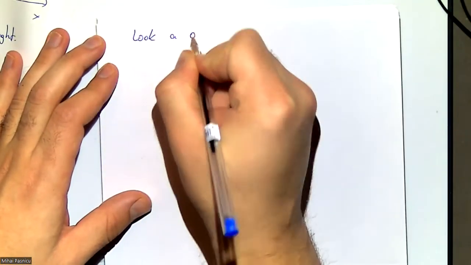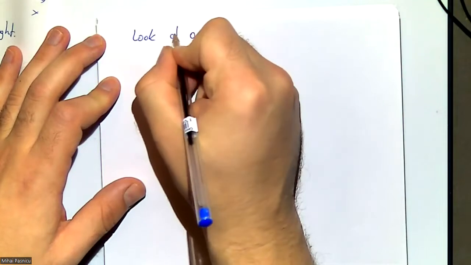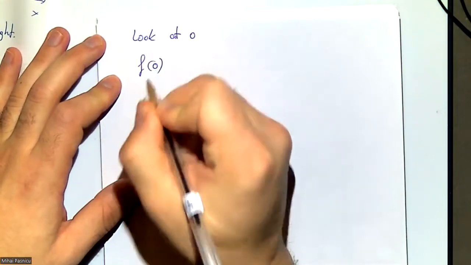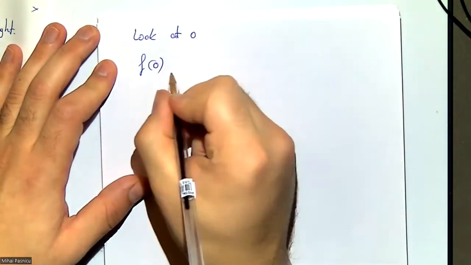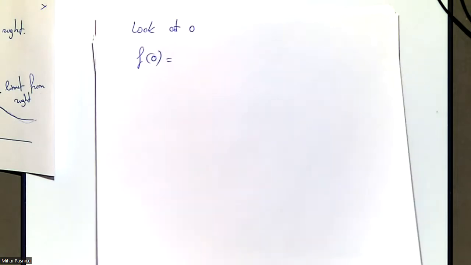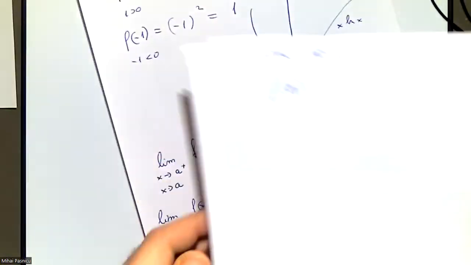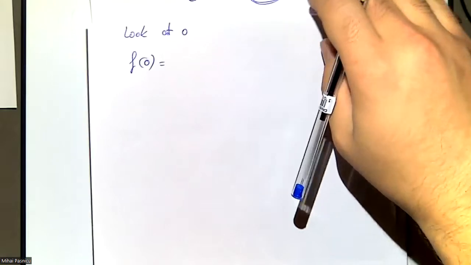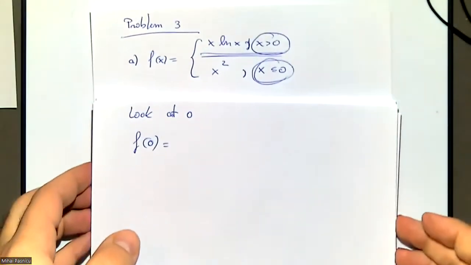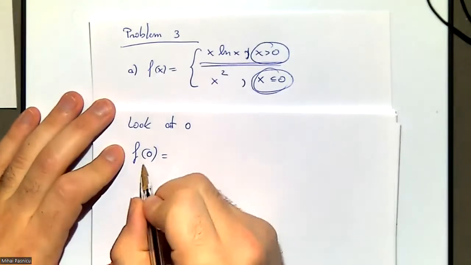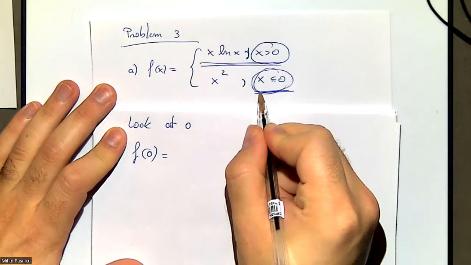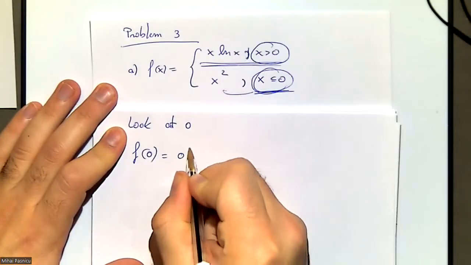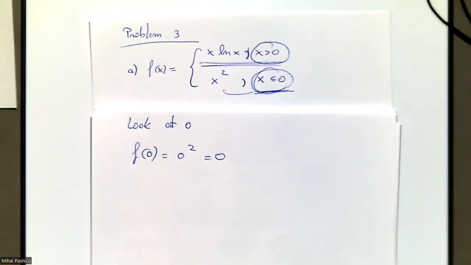The first step I would say is just see what f of 0 is. And then here I'm going to use the definition of the function. For f of 0, 0 goes here. So I just get 0 squared is equal to 0.